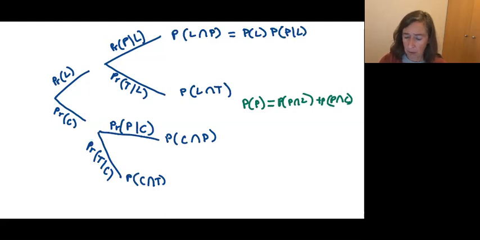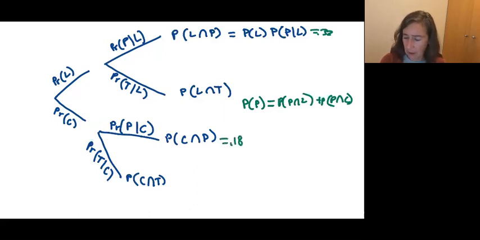So if I want to know the probability of P with these particular numbers, I'm trying to remember what the numbers were in the last lesson. This was 0.32, and this was 0.18.